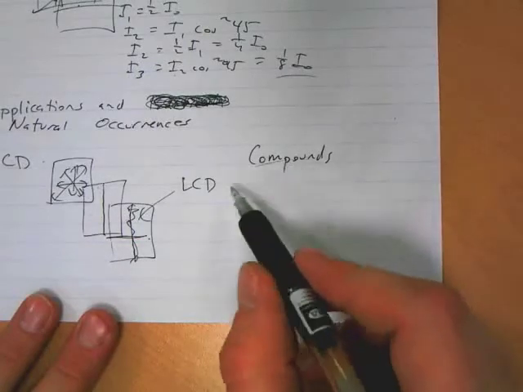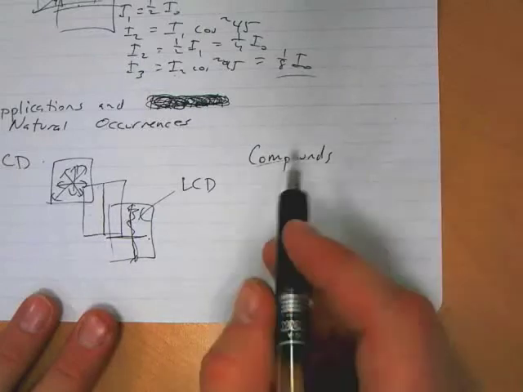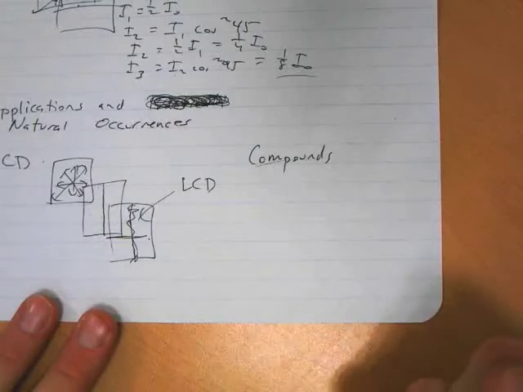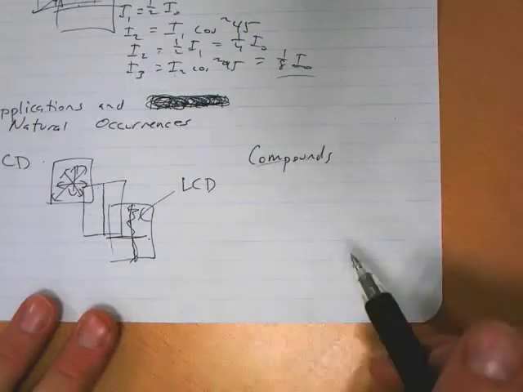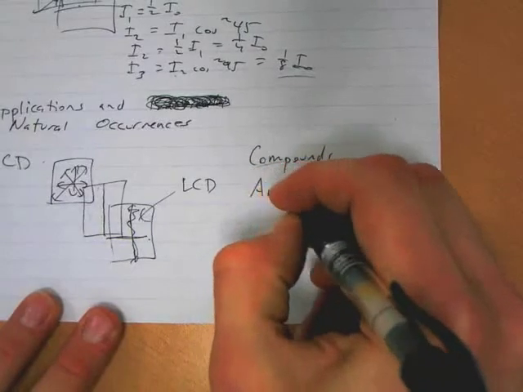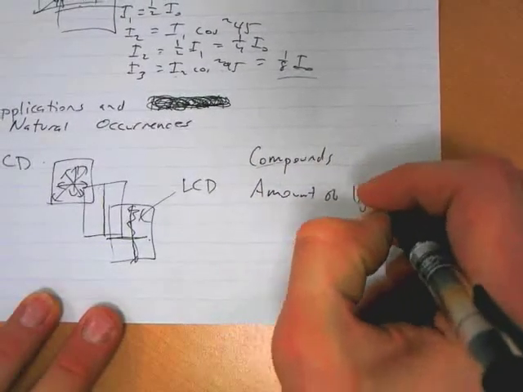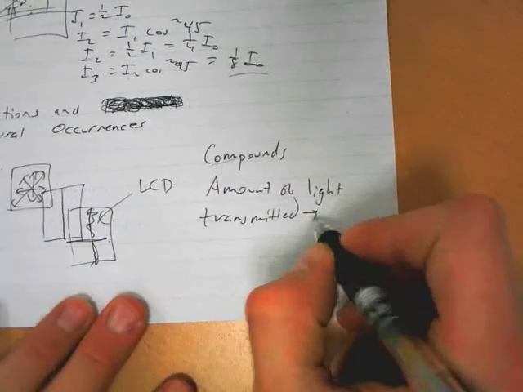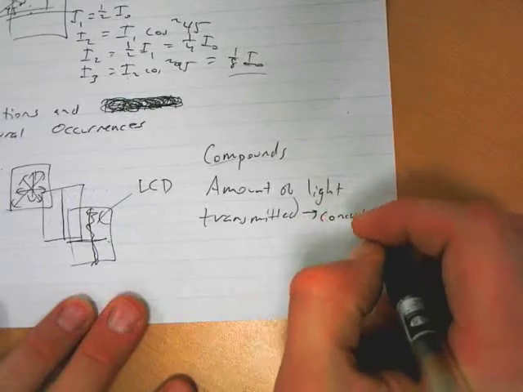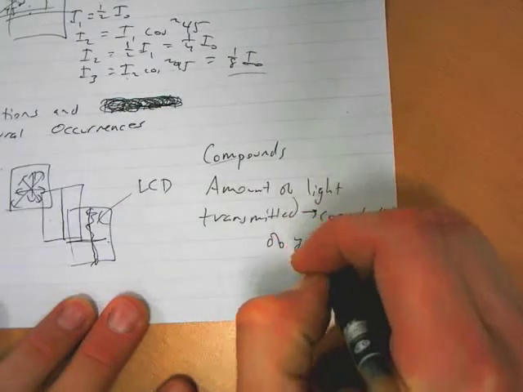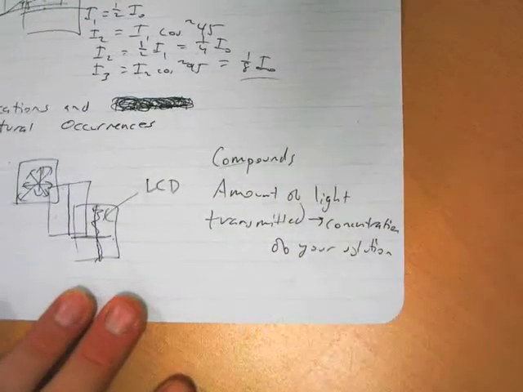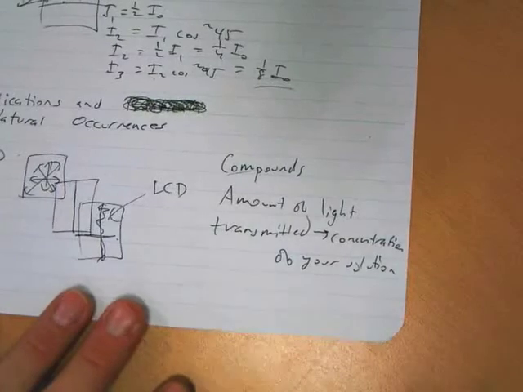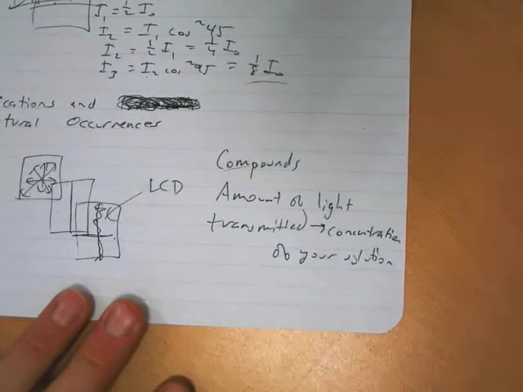And so if you've got a solution with some amount of this compound and you throw a beam of polarized light at it, the amount of light that's transmitted can tell you the concentration of your solution. It can tell you how much of that compound is in there, because the amount of compound in the solution changes the polarization of the solution, and therefore how much light passes through.